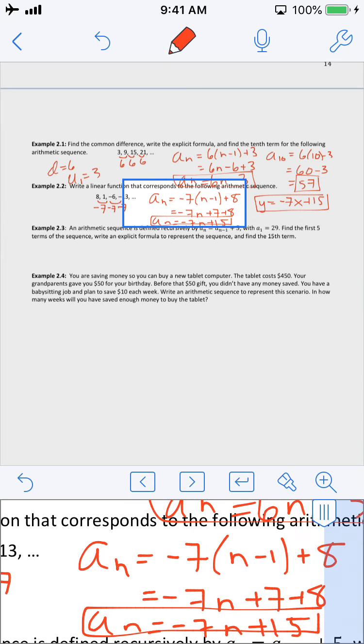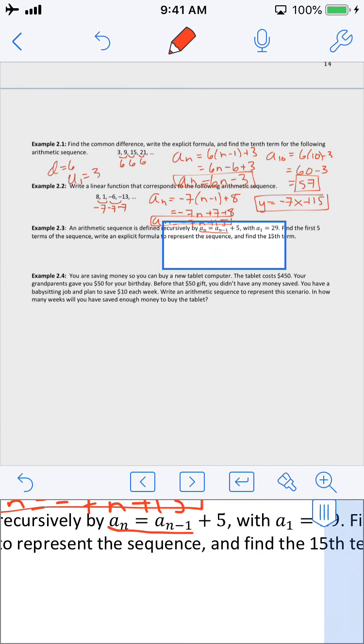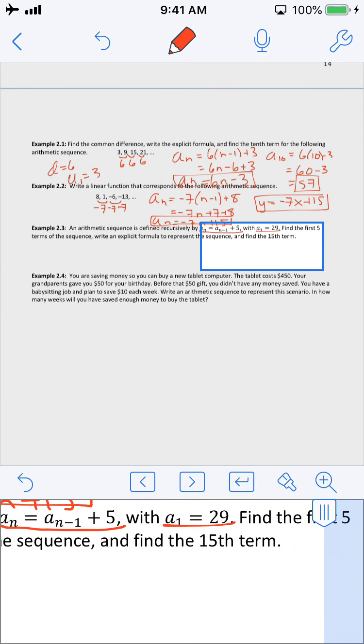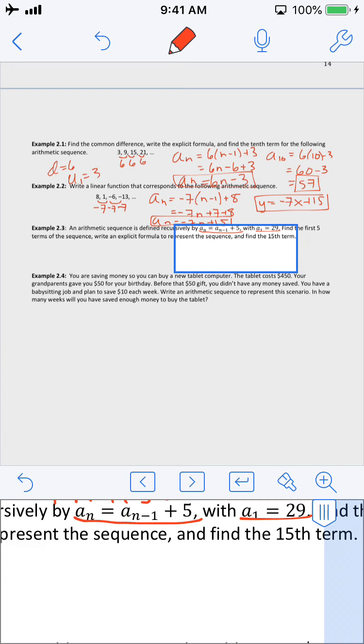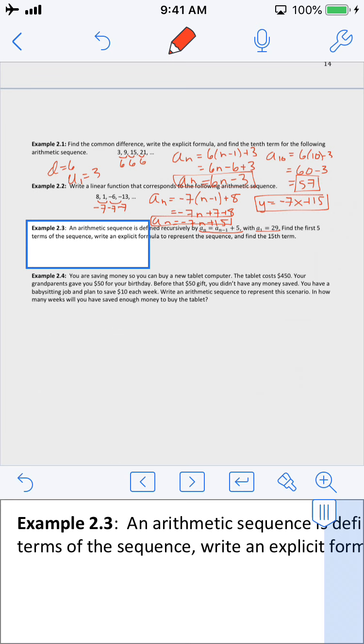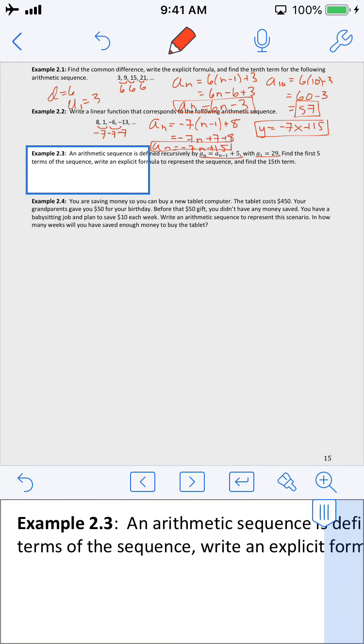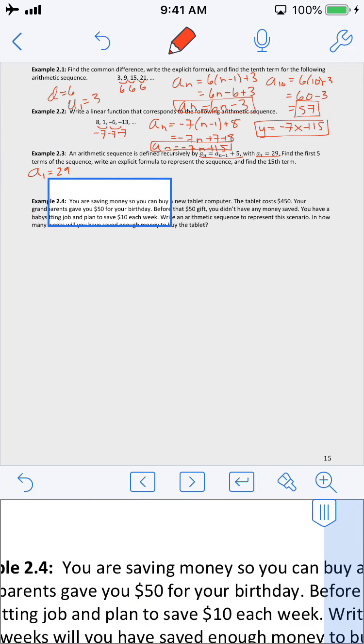Okay, 2 more. An arithmetic sequence is defined recursively by this guy here. Maybe we'll underline that. It's always a good idea to underline those things. Find the first 5 terms of the sequence, write an explicit formula, and then find the 15th term. So this is basically what we did in the 1.5 there. Let's go ahead and try it again. First term, they gave it to us.